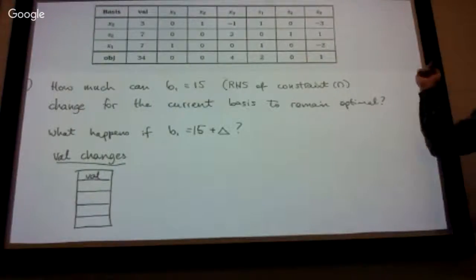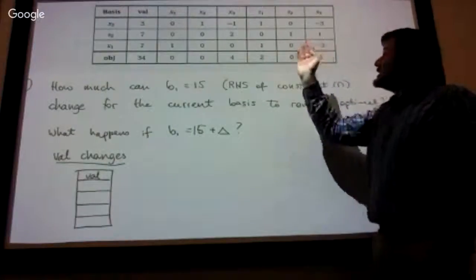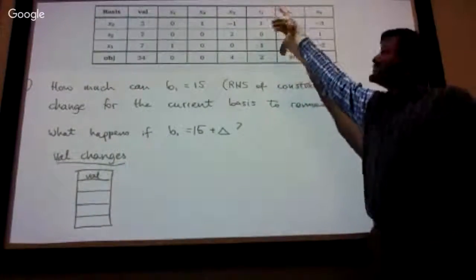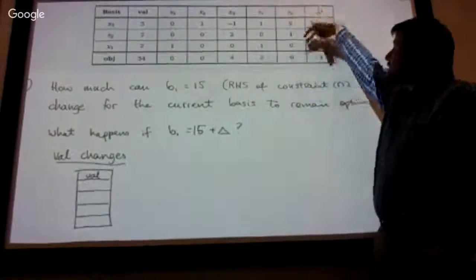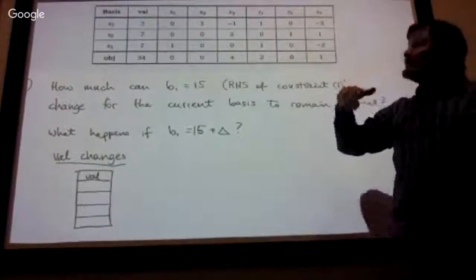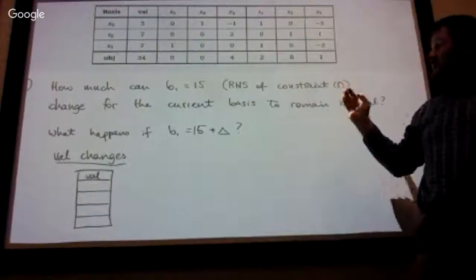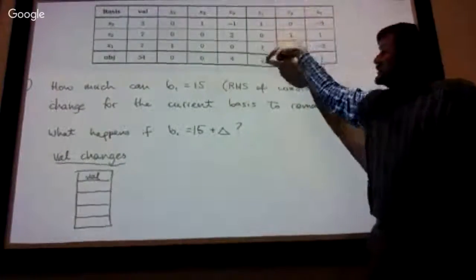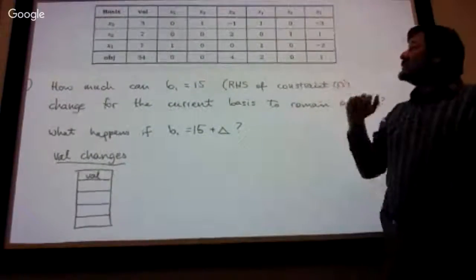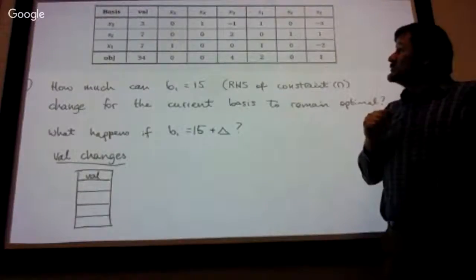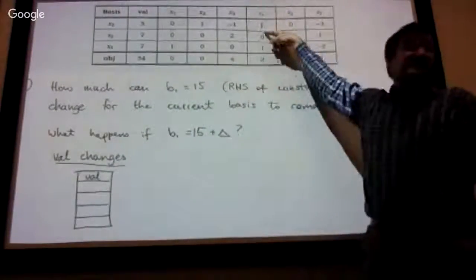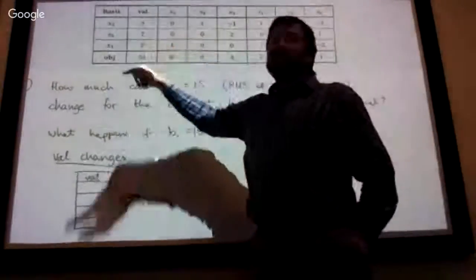Well, maybe not. But then the right-hand side columns go with the slack variables. Each of the constraints goes with one slack variable, so each of the constraints has one column. We're doing something with the first constraint, there's the S1, and what we're going to get is delta times this column is added to that column.